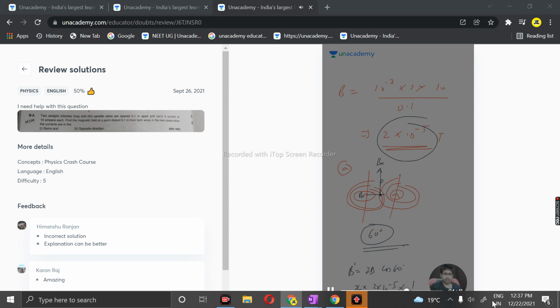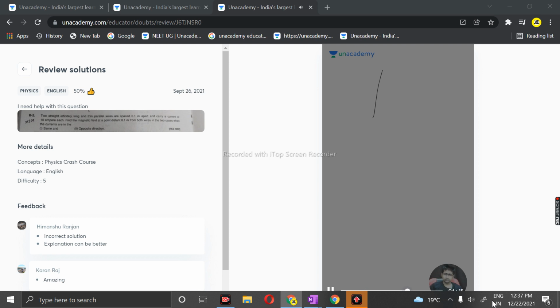When the current is in the opposite direction, in that case BA and BB will make an angle of 2 pi by 3. So the field is 2B cos of 2 pi by 3, and cos 120 is minus half.